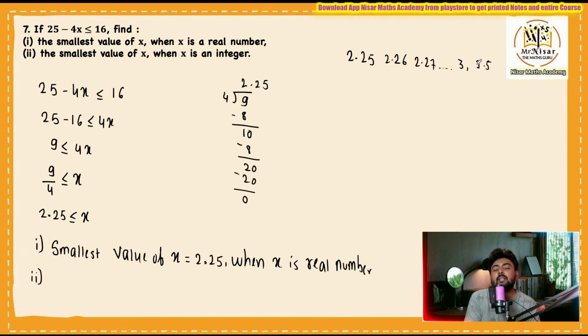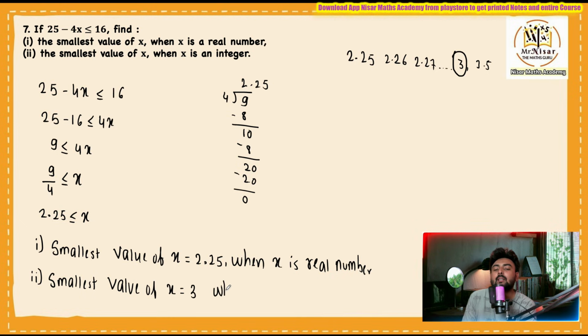So here we need the first smallest integer. After 2.25, the first integer will be 3. So the smallest value for the integer will be 3, because the first integer after 2.25 is 3. So smallest value of x will be 3 when x is an integer.